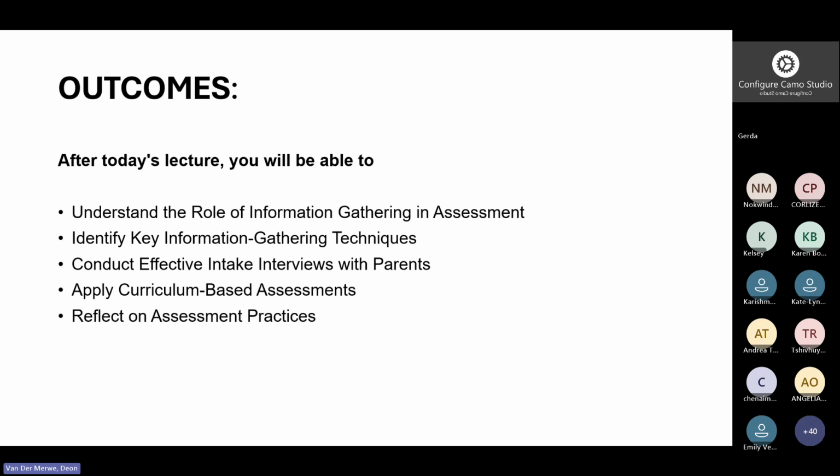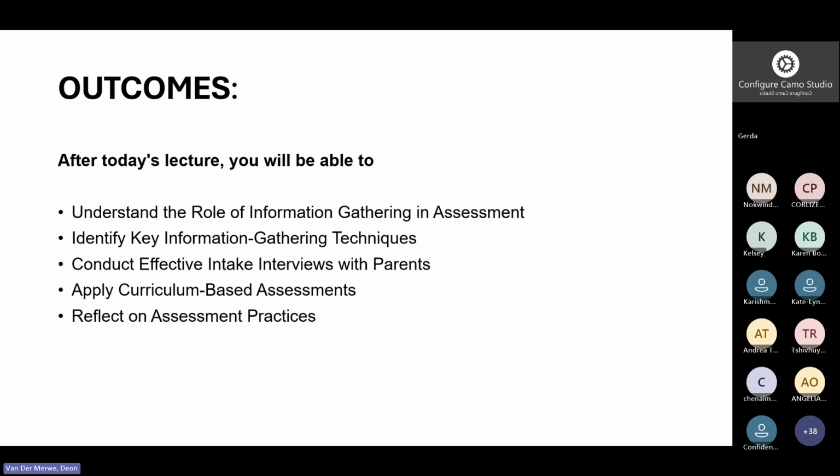Therefore, you will be able to recognize the significance of gathering information to support educational practices and learner development. You will also be able to identify key information gathering techniques, including interviews, which you have already started implementing. We will be having conversations about observations, as well as the curriculum-based assessment that you can make use of.